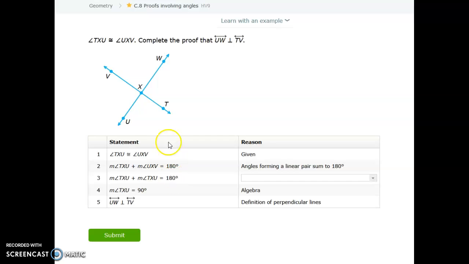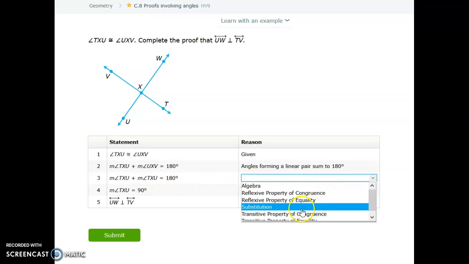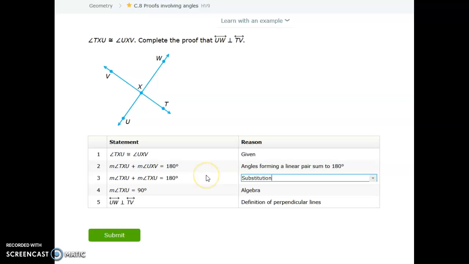Well, remember our given statement says that angle TXU is congruent to angle UXV. So all we've done is substitute TXU in for UXV. We've replaced UXV with TXU. That's all we've done right here. So that reason is going to be substitution.